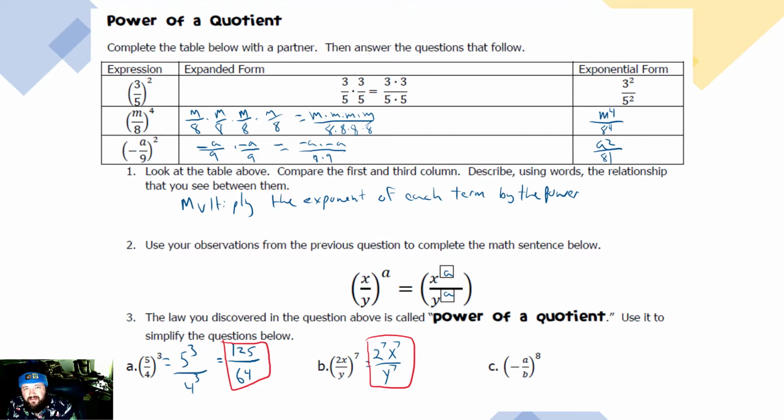Well, since that's an even power, therefore that negative is going to turn positive. So if we raise to a positive even power like this, it's going to change a negative to a positive. So we have positive a to the 8th divided by b to the 8th.